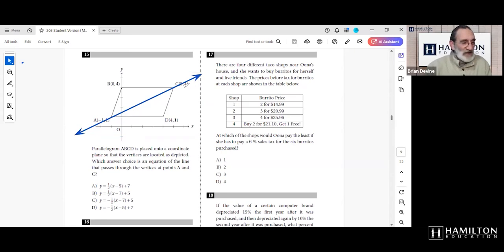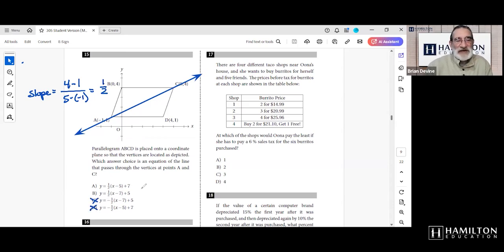Well, we can find the slope quite readily. I can see that the slope of that line is going to be 4 minus 1 over 5 minus -1, which is going to be 3 over 6, 1/2. So the slope is positive 1/2.